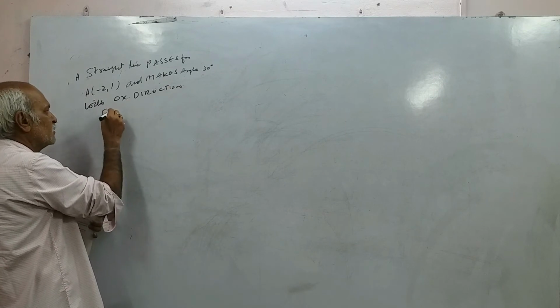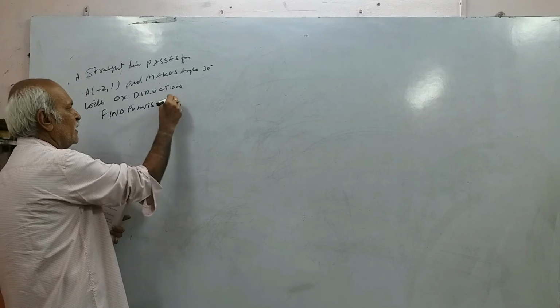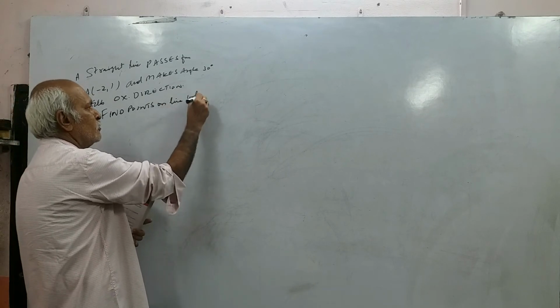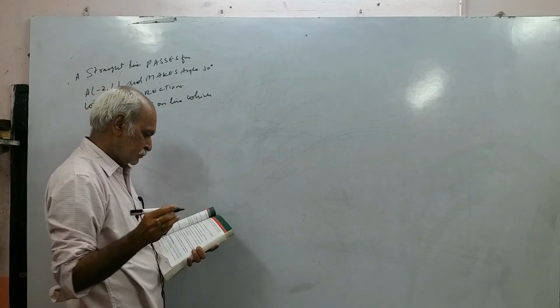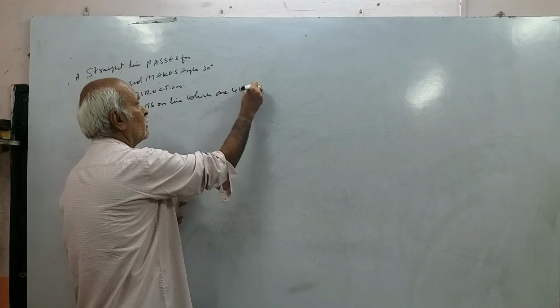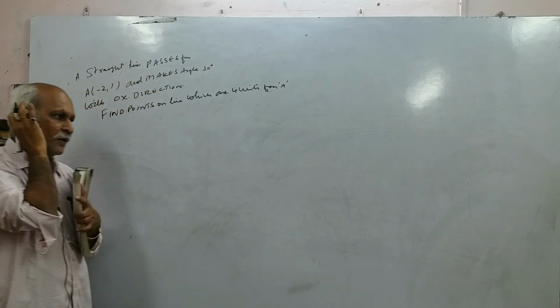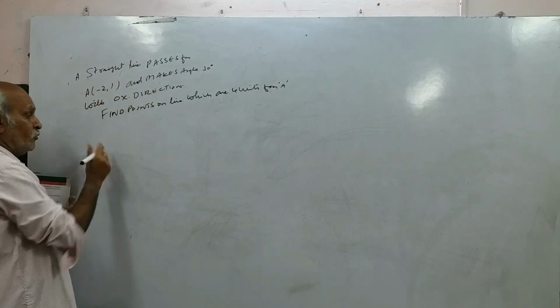Find the points on the line which are 4 units from A.